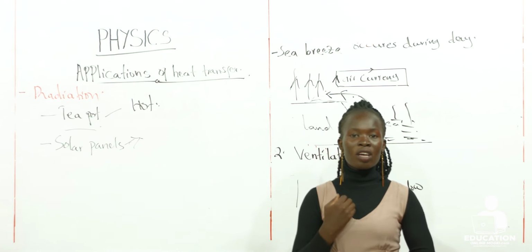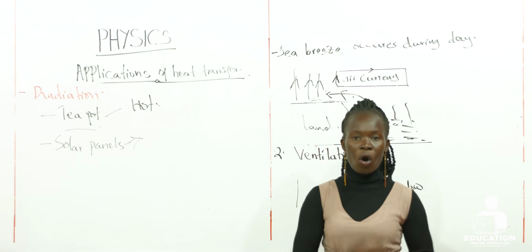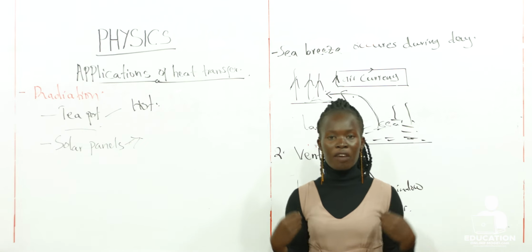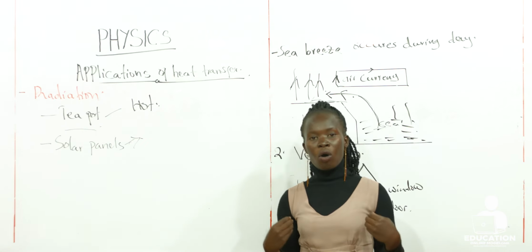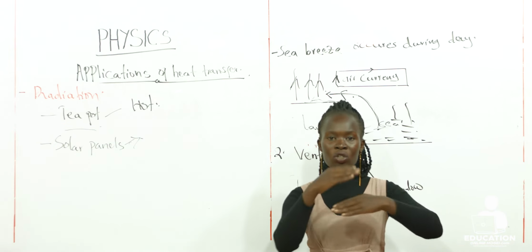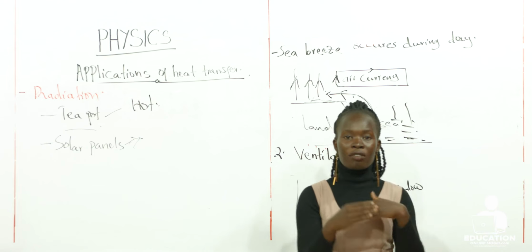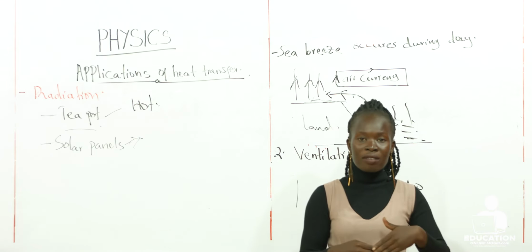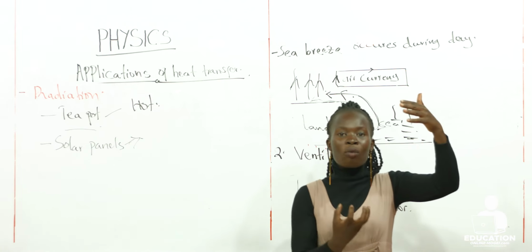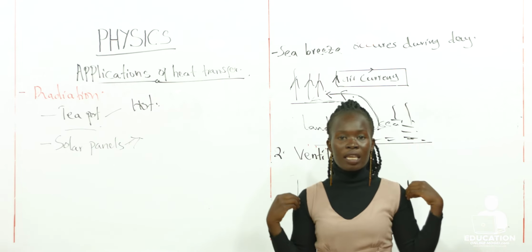So you see that during the day, when it is hot and you put on black, you're going to feel the effect of heat more, because the radiation transfer of heat from one place to another happens. The sun is going to radiate the heat, and then the body will absorb it if you're in black.